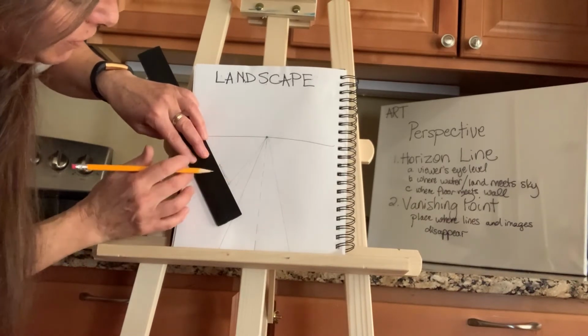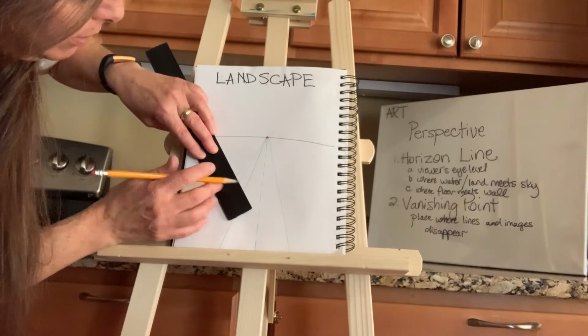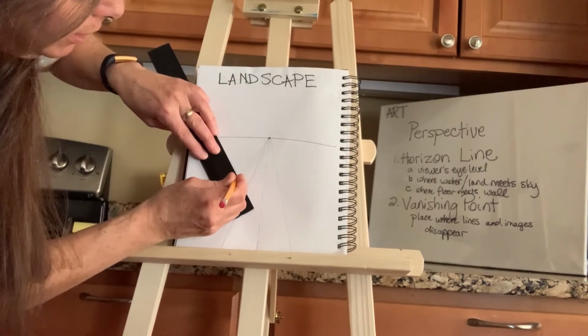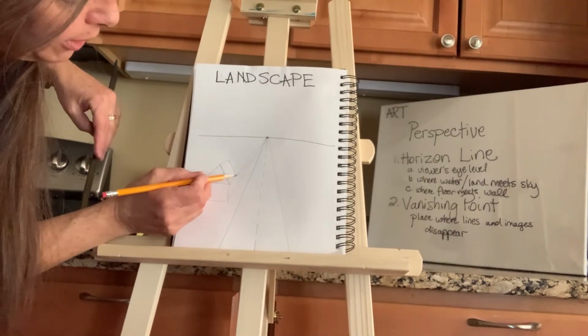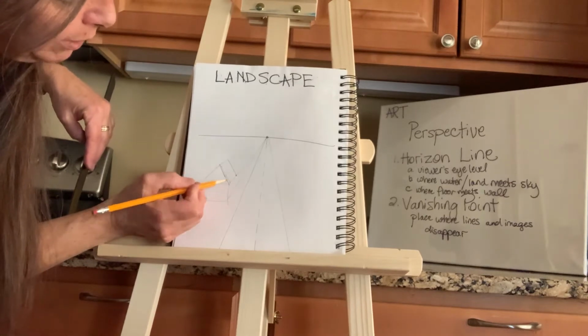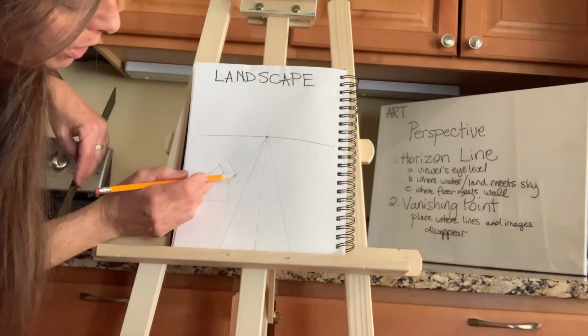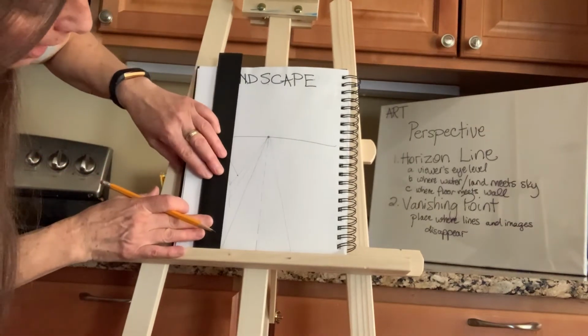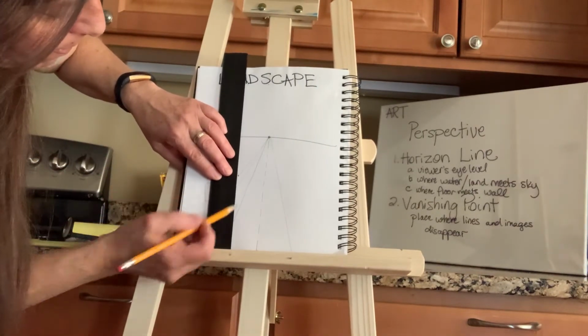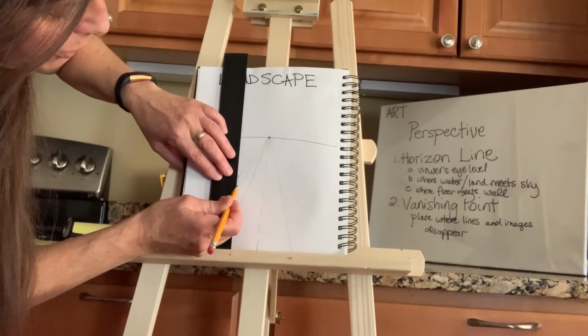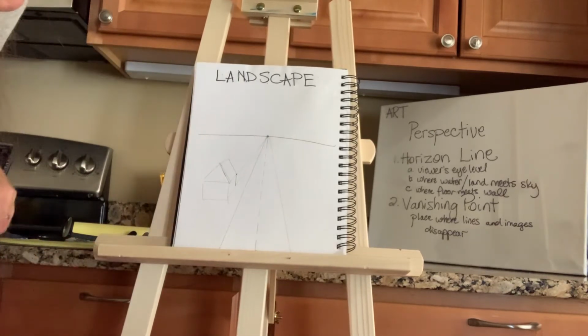The back line is going to have the same parallel line as the front. So let's draw a line there. And then from here, where our roof line meets the top of the house wall, we are going to draw that up and down. So we're going to draw a vertical line.